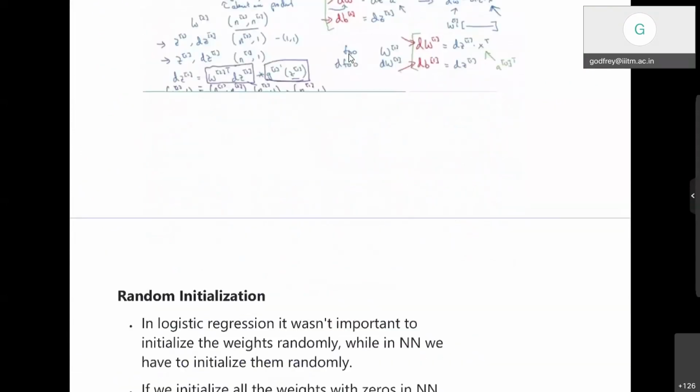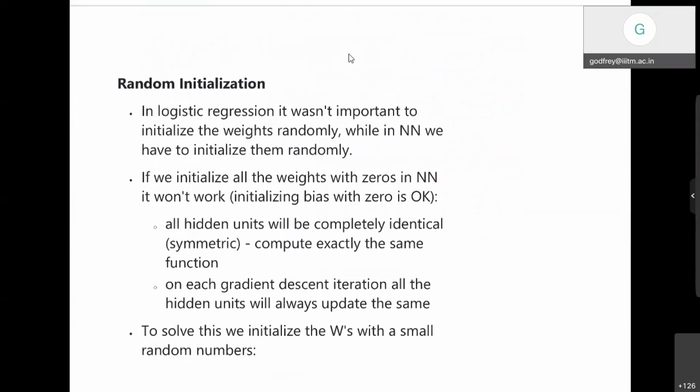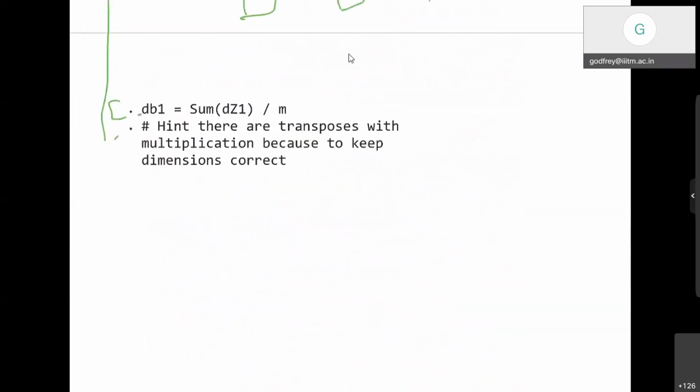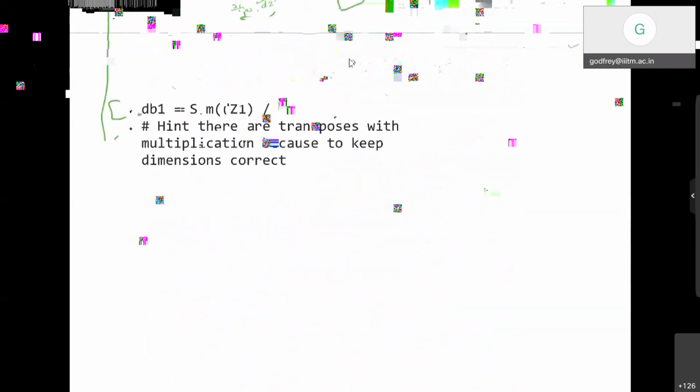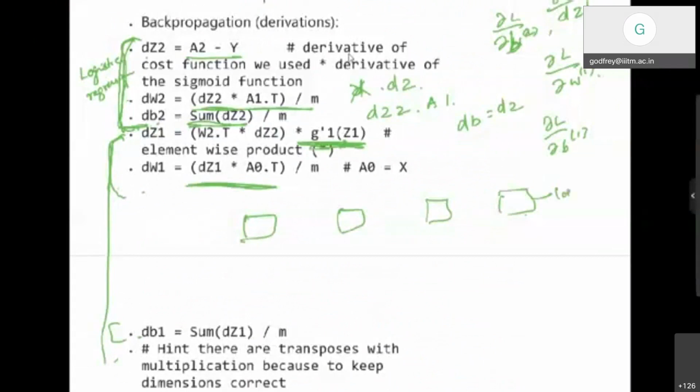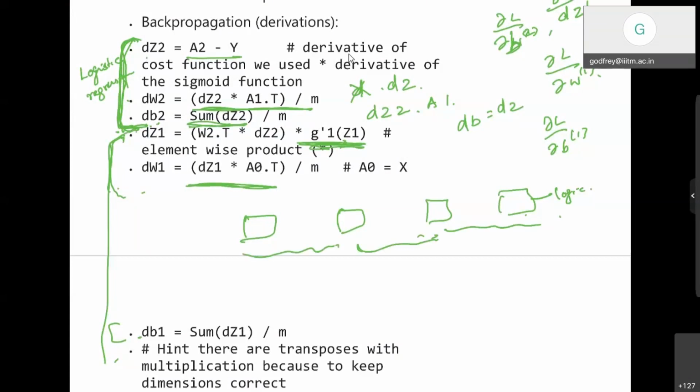So that is the inference from this. If you have a logistic regression or a sigmoid function in the last layer, then for the last computations you are going to have these derivatives, and for the rest of the blocks, you are going to have these derivatives to be computed.